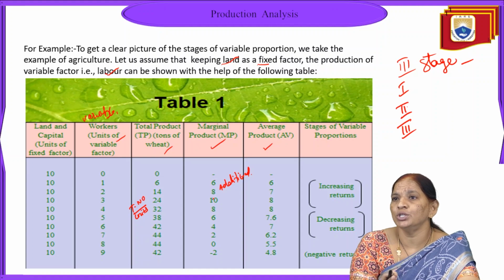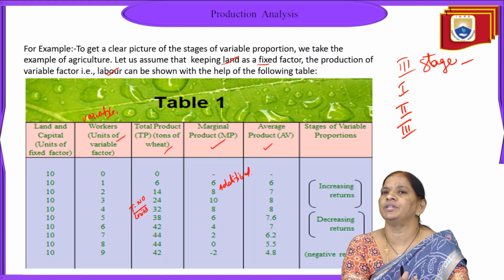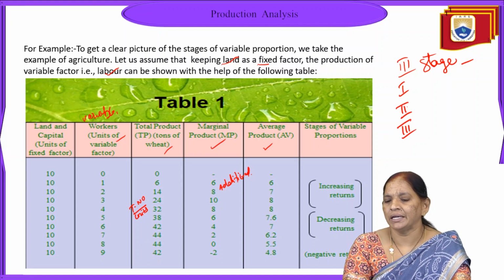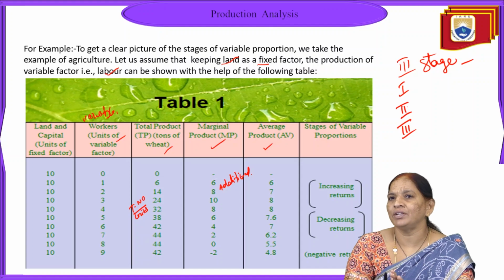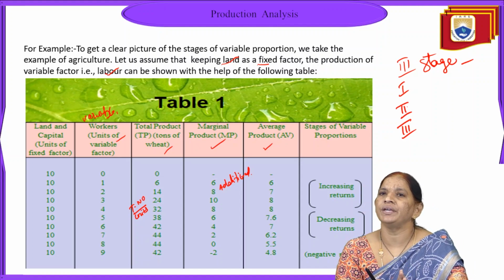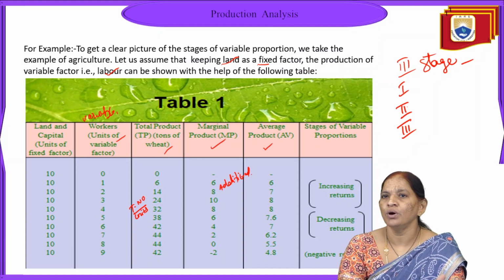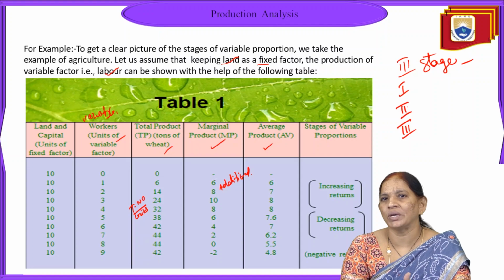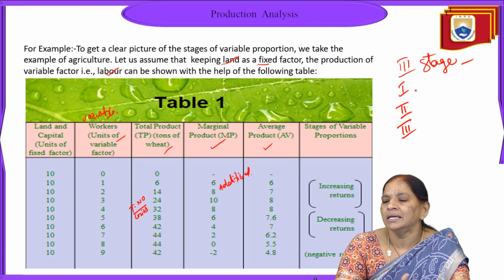Means by changing one factor, what type of addition has been produced, we can identify in the marginal product. After that, average production means overall production, what we have produced for a certain number of units. So these are the three columns, and through them we can also identify these three stages.